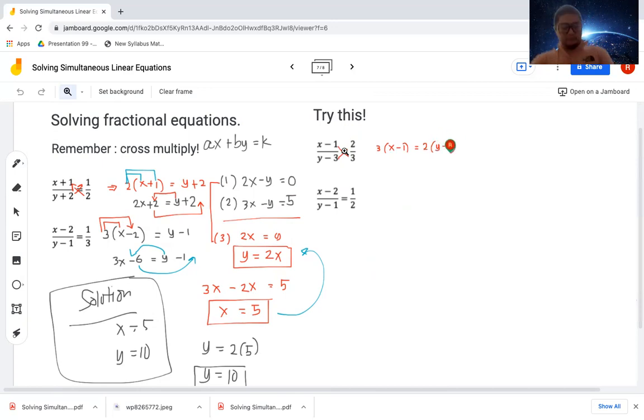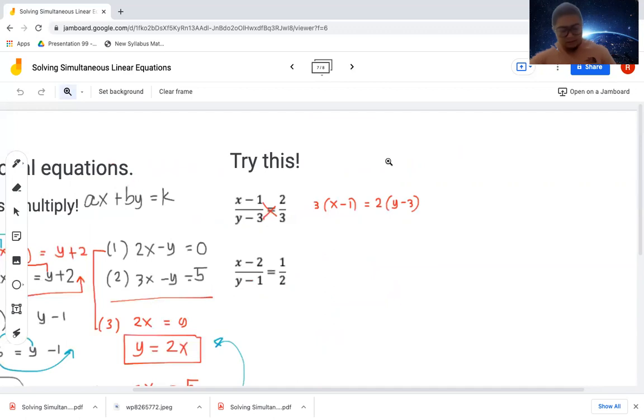So from here, the same thing, we multiply this factor outside to each and every one of the terms inside the grouping symbol. So this is now going to give us 3x minus 3 is equivalent to 2y minus 6. And then, just like what we did a while ago, we are going to put this in a format of ax plus by is equivalent to k.